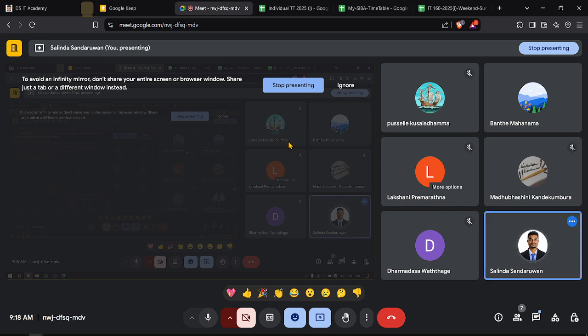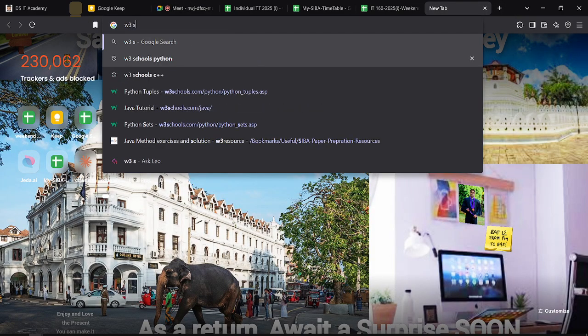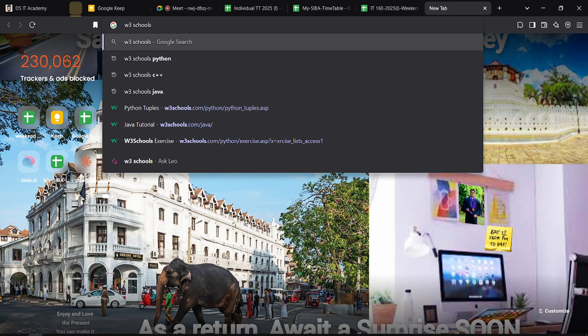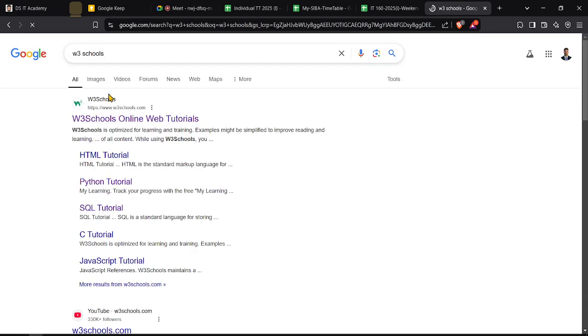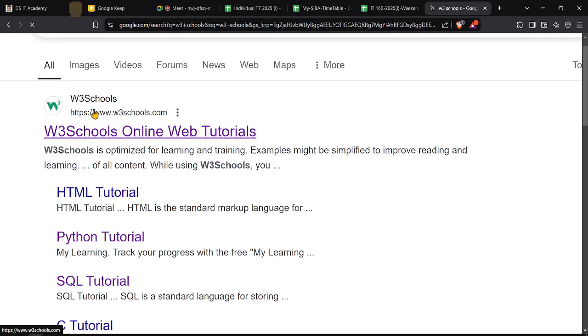During this module, we are not learning about any programming language, but since you have asked, I will tell you a good starting point. You can go to W3Schools.